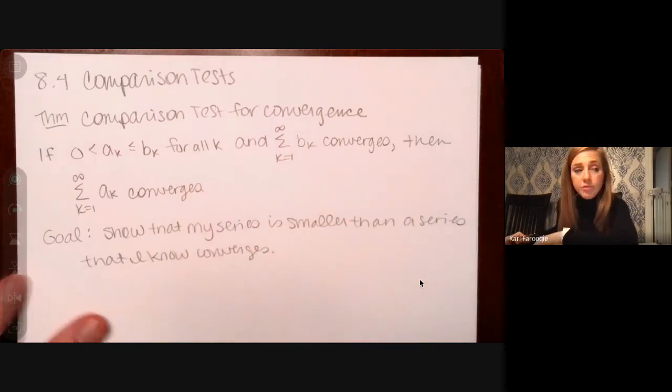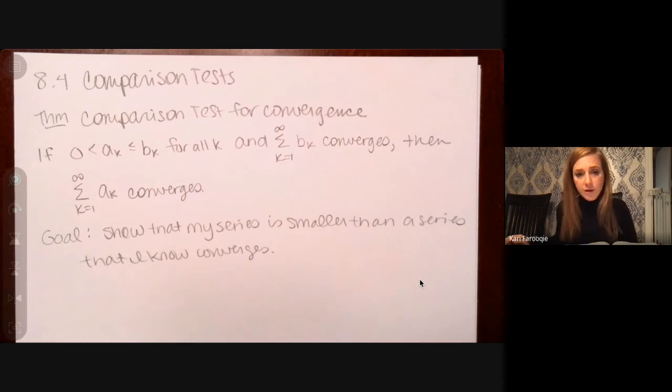And sometimes that's easier said than done, to show that your series is smaller. That's going to be the hard part here in some cases. Just being able to find the right comparison series and showing that. Okay, so that's half of that. The other half would be the comparison test for divergence.